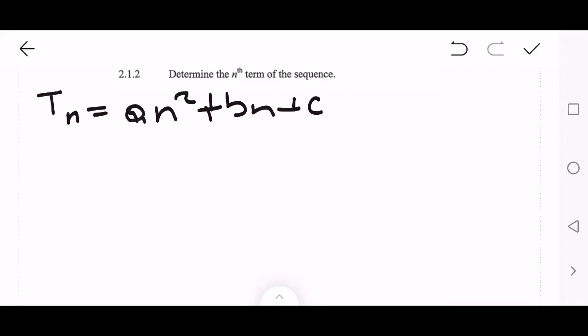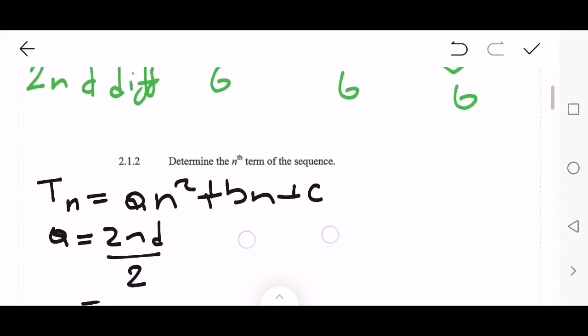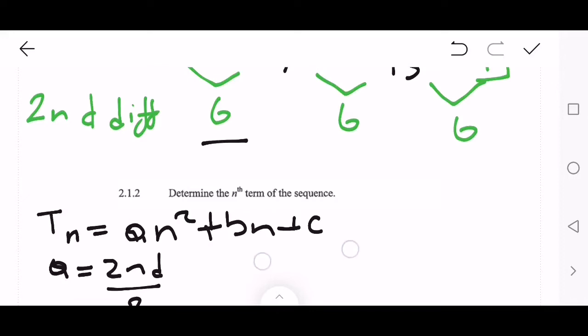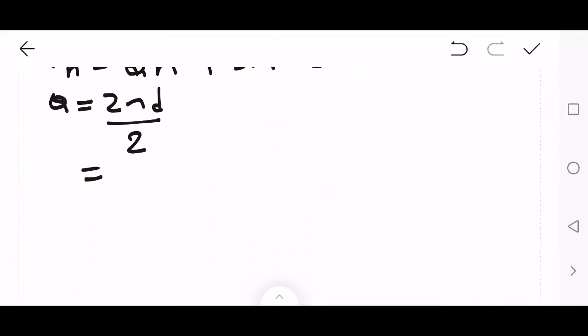So we must get a. The formula for a is a equals the second difference over 2. So our second difference, we remember that it was 6. So that is 6 divided by 2. So that is 3.